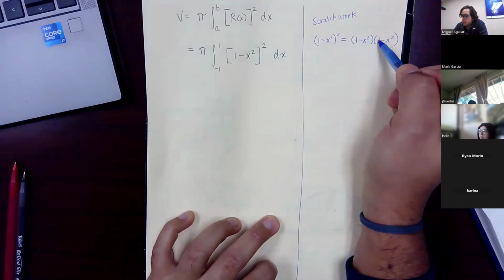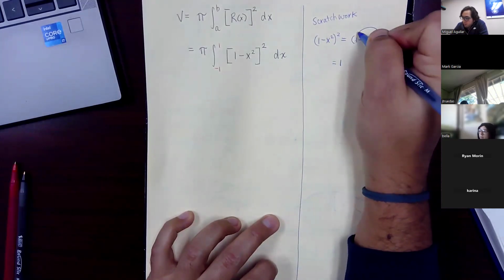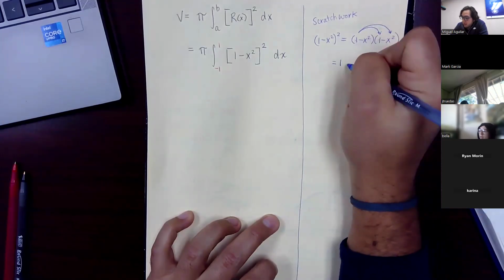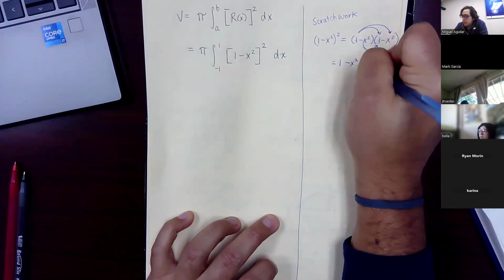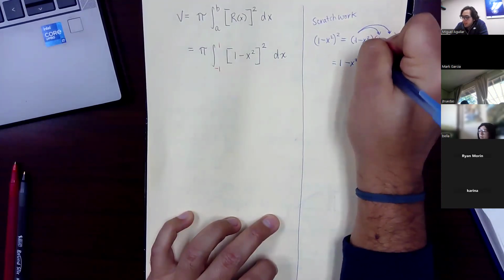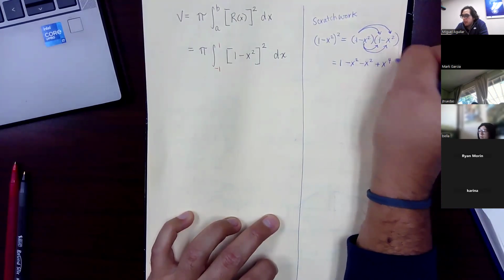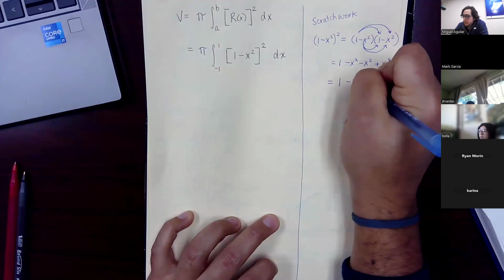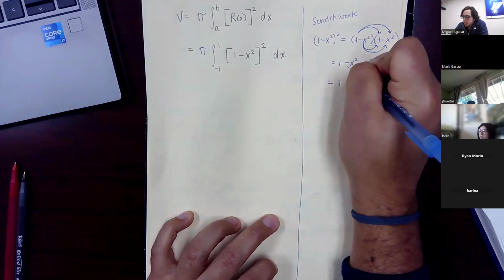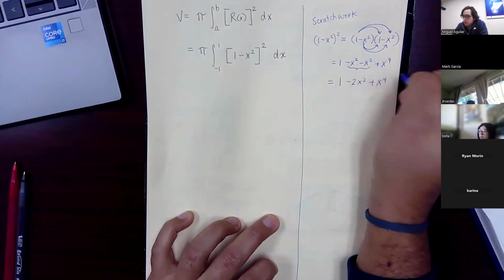So this is going to be 1 times 1, which gives you 1. 1 times negative x squared is going to be a negative x squared. Negative x squared times 1 is going to be a negative x squared. And then negative times negative is going to be a positive, so we're going to get a positive x to the 4th power. Combining like terms, we get 1 minus 2x squared, because we have 2 of these negative x squares, plus x to the 4th.